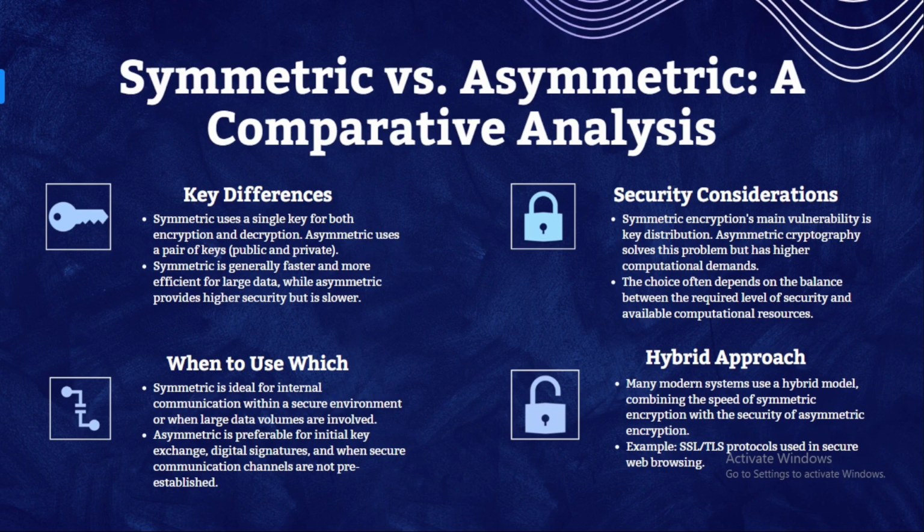What about a hybrid approach? Many modern systems use a hybrid model, combining the speed of symmetric encryption with the security of asymmetric encryption. So what does it mean? We'll understand this more in depth when it comes to the practical implementations later in the series.